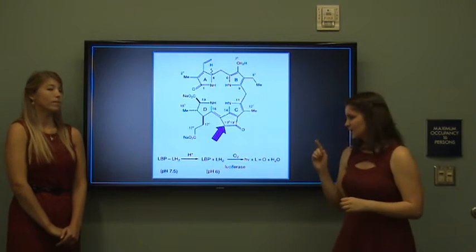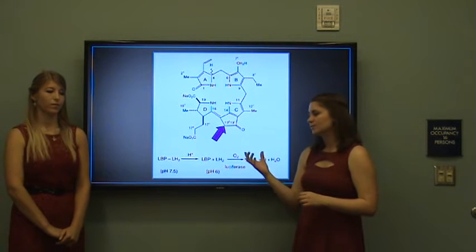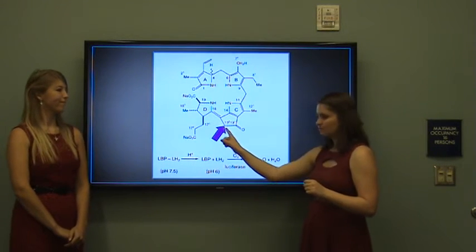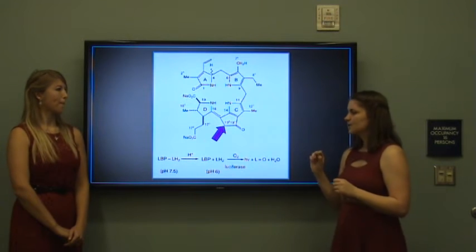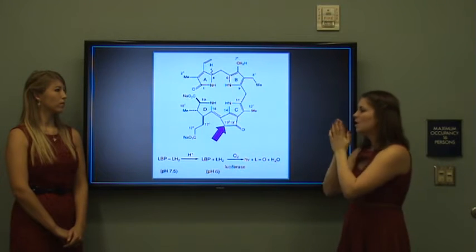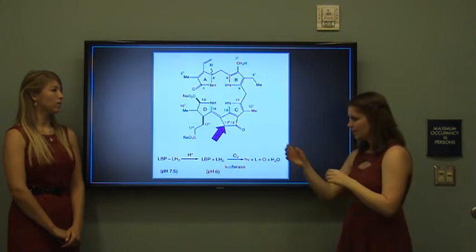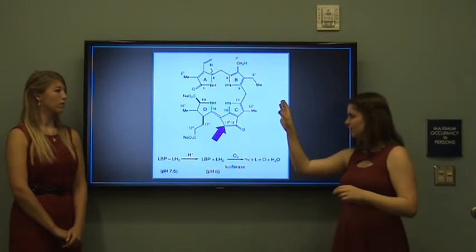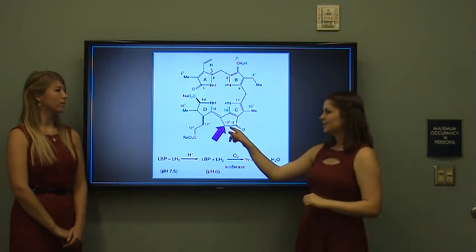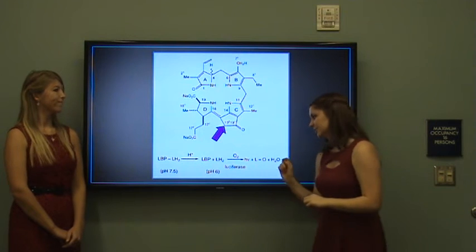The reason it has a conformational change is because we have another protein called luciferin binding protein, and that binds right here where this purple arrow is. When it's bound, it kind of keeps it cupped over like this. Well, when we bring it down to 7, the luciferin binding protein pops off, and then it opens up, leaving this area open for a reaction to occur.